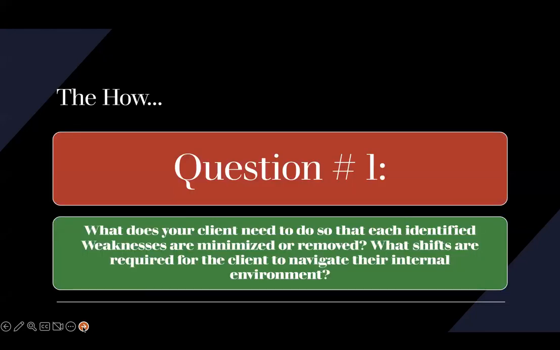Here's question 1. What does your client need to do so that the identified weaknesses are minimized or removed? What shifts are required for the client to navigate that internal environment? All right, so let's go back to the NFL player, since I used them throughout this scenario.